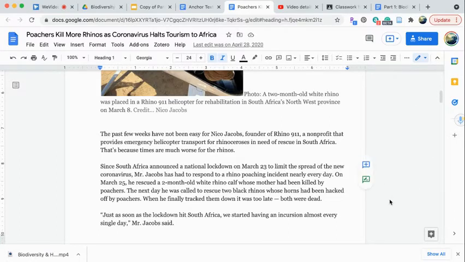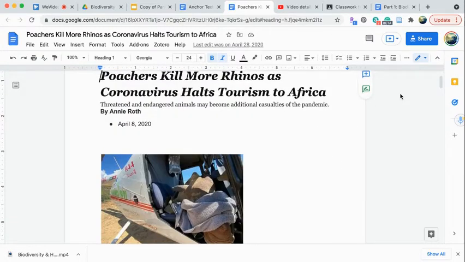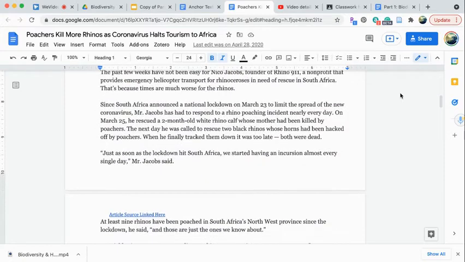South Africa went into a lockdown just like many other countries. So let's look at what this was, April 8th, 2020. Okay. So when South Africa went into a lockdown, then what they're saying here is that they had to respond to a rhino poaching incident nearly every day.